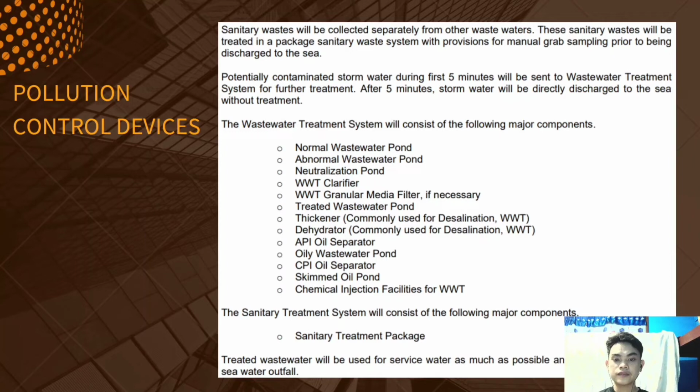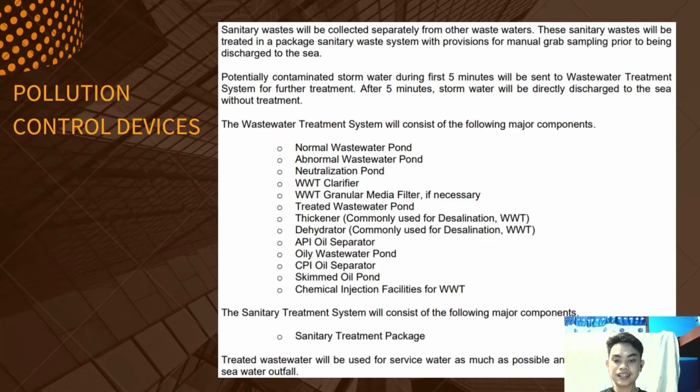The wastewater treatment system will consist of the following major components: normal wastewater pond, abnormal wastewater pond, neutralization pond, WWT clarifier, WWT granular media filter if necessary, treated wastewater pond, thickener, dehydrator, API oil separator, oily wastewater pond, CPI oil separator, skim oil pond, and chemical injection facilities for WWT.